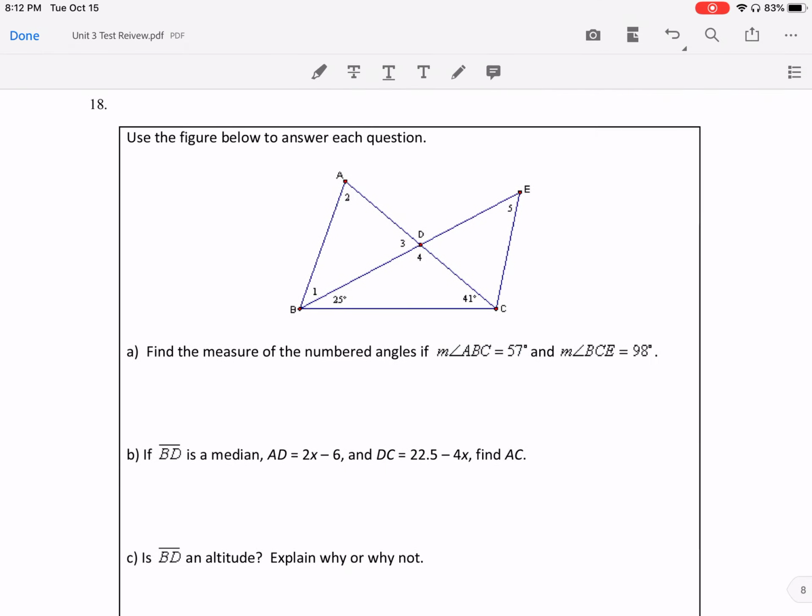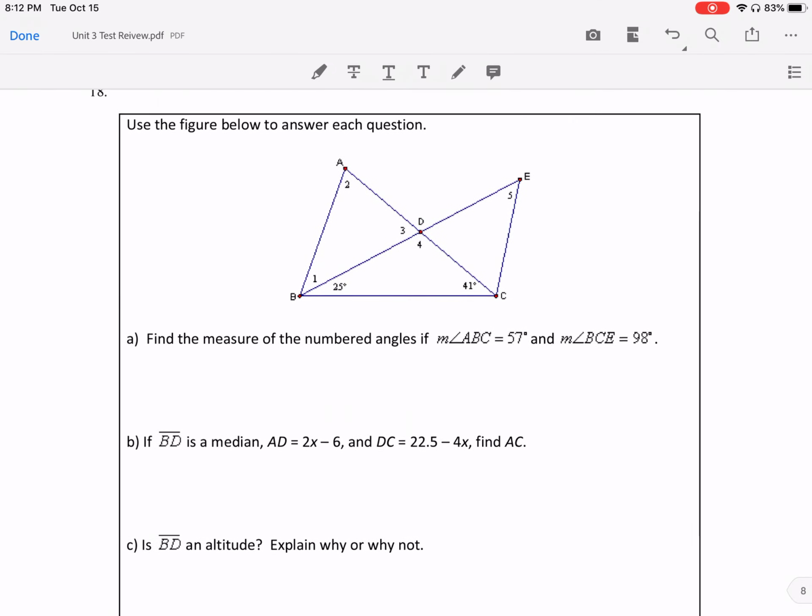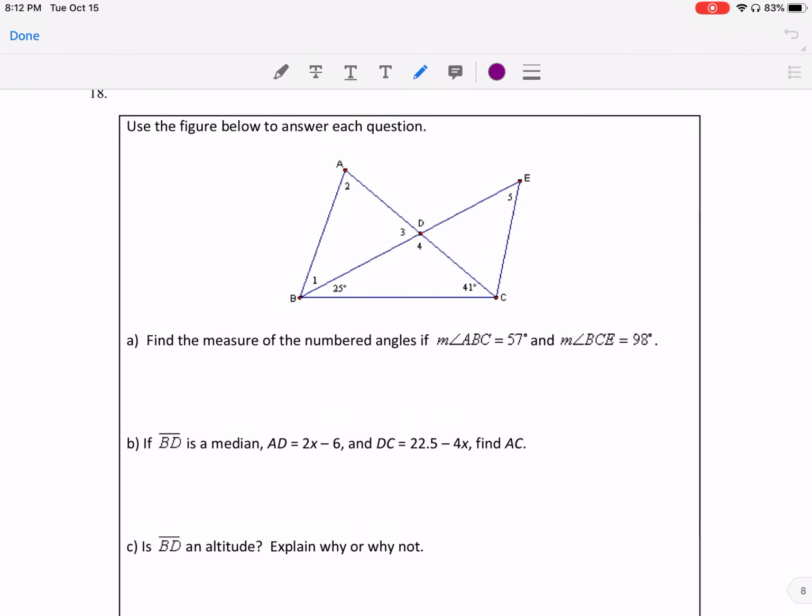Okay, last but not least is this guy right here. Before I even move on with this, it says ABC. So even before that, I know that the measure of angle 3 is just going to be this 41 plus 25, which is 66 degrees.